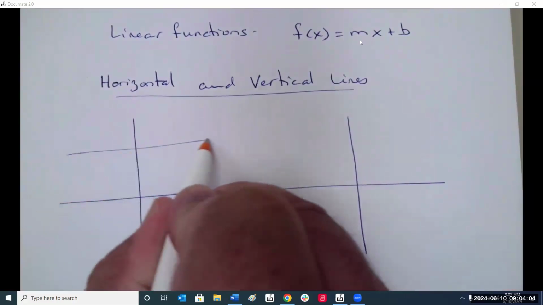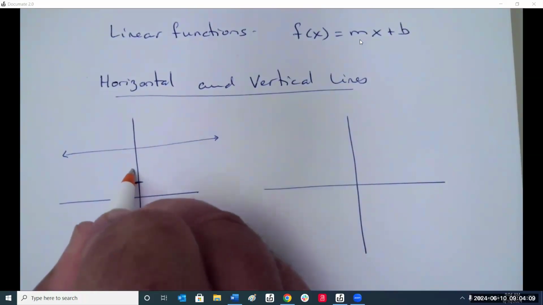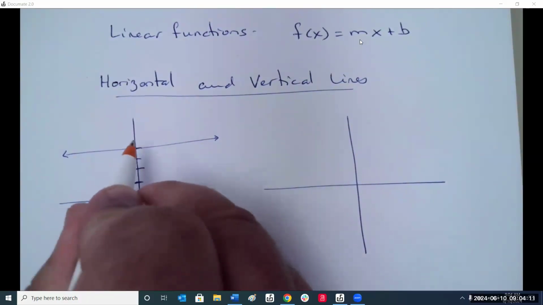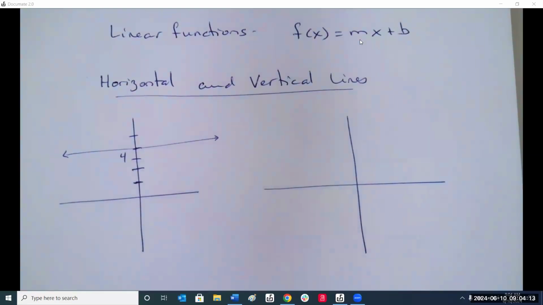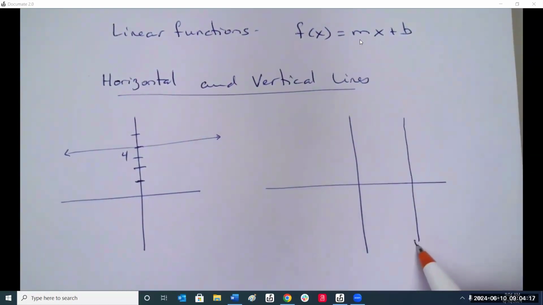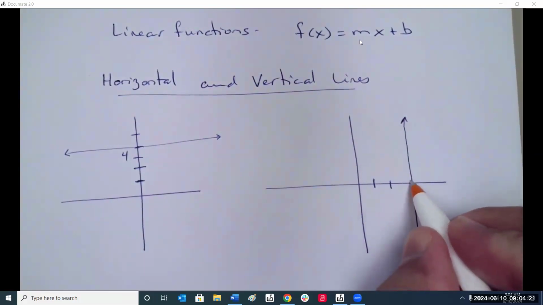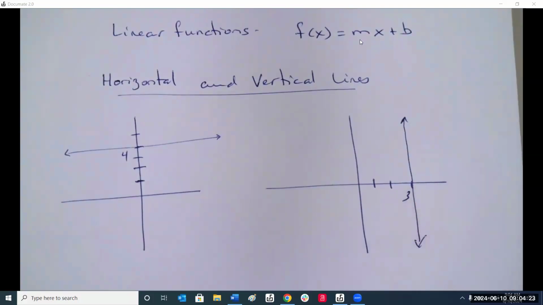A horizontal line looks like that. A vertical line goes up and down. Certain characteristics exist for horizontal and vertical lines.